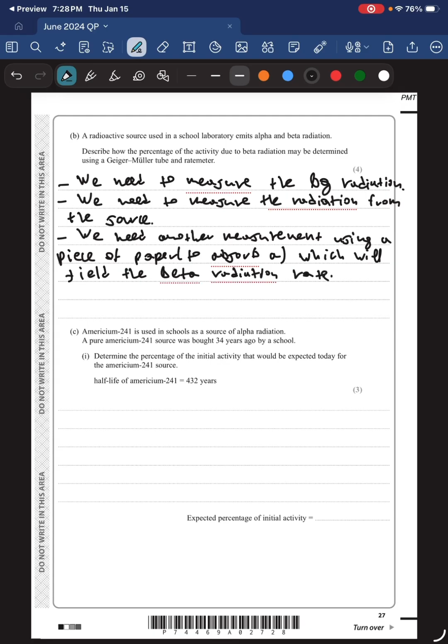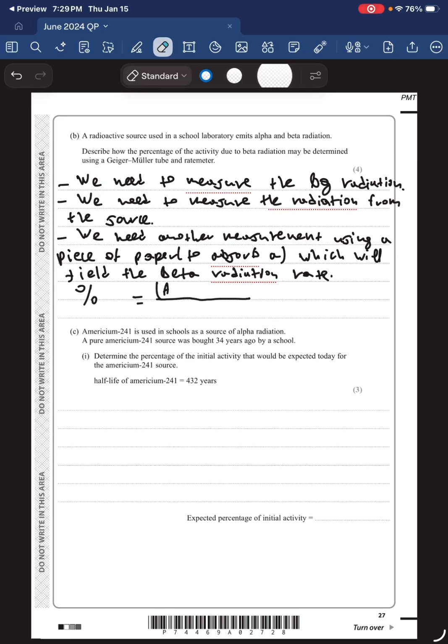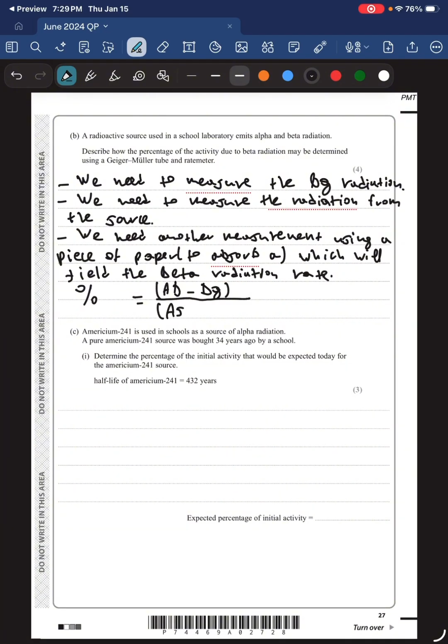So the percentage of beta radiation will be equal to the activity due to beta radiation only minus the background, over the activity of the source minus the background, times 100.